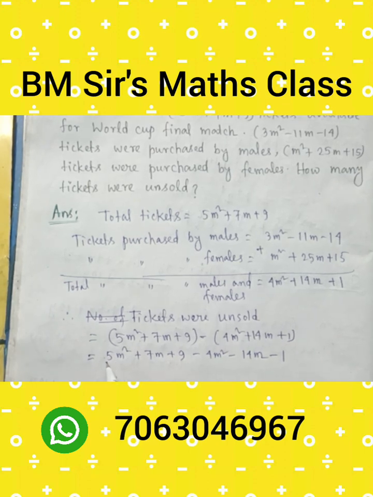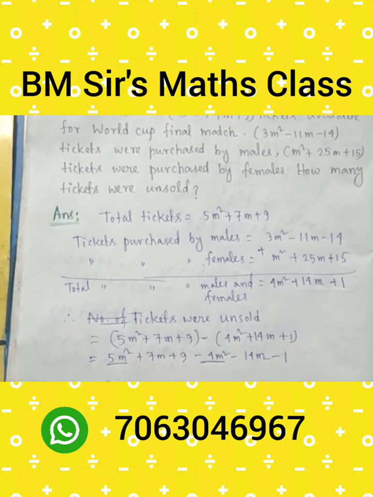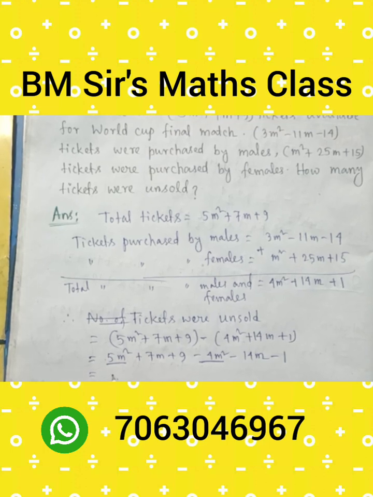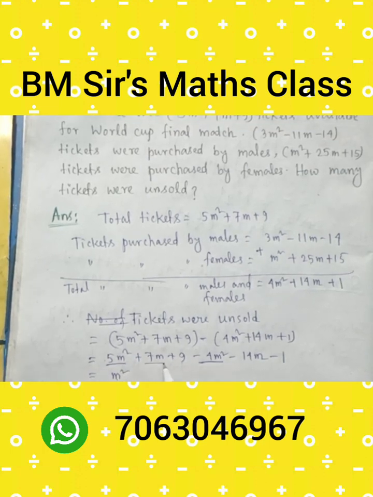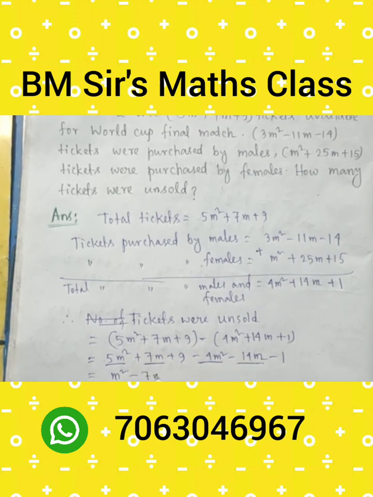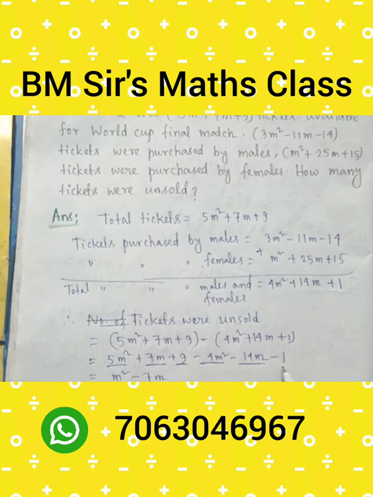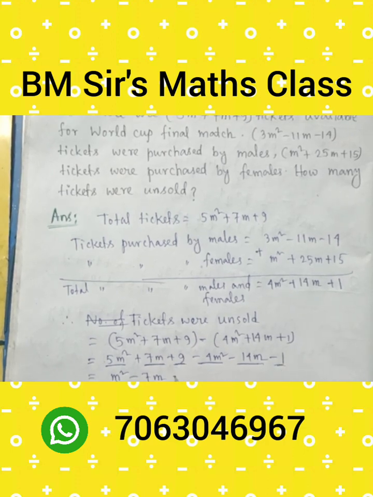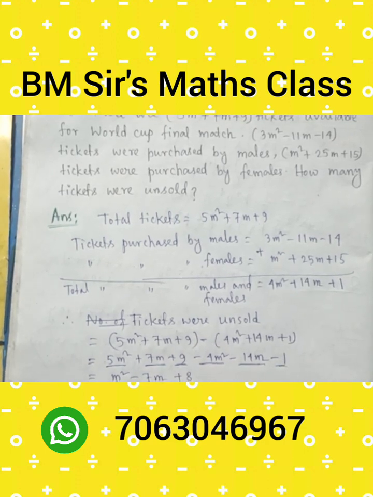And now 5m square minus 4m square is only m square. 7m minus 14m is minus 7m. And plus 9 minus 1 is plus 8. It is the answer for the number of tickets unsold.